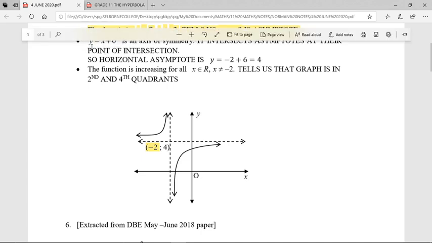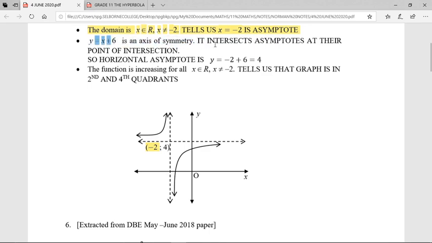That's what I'm going to reveal in the sentence here. It intersects the asymptotes at their point of intersection. So this point of intersection, we already know is -2 and something. That something, we can find by substituting x of -2 into the straight line's equation. Why?